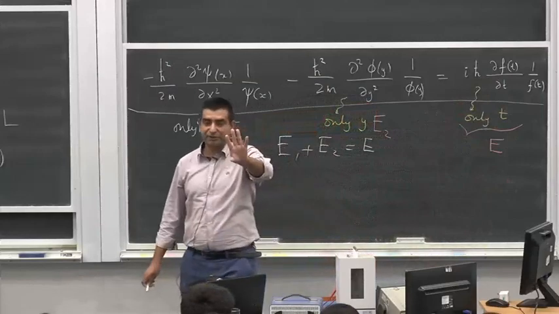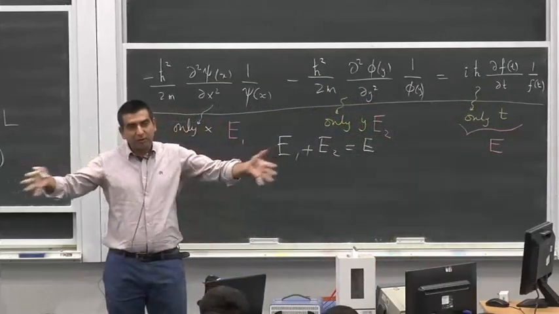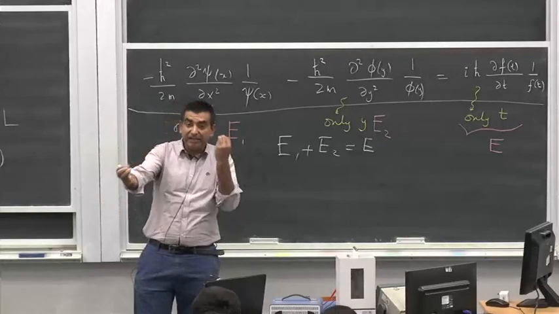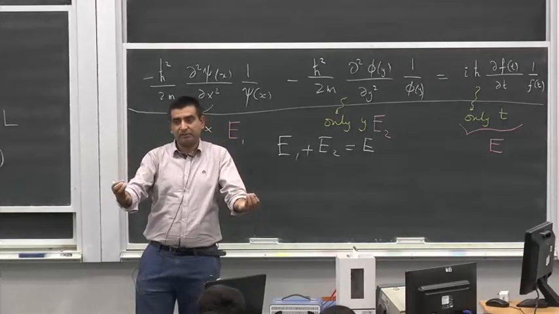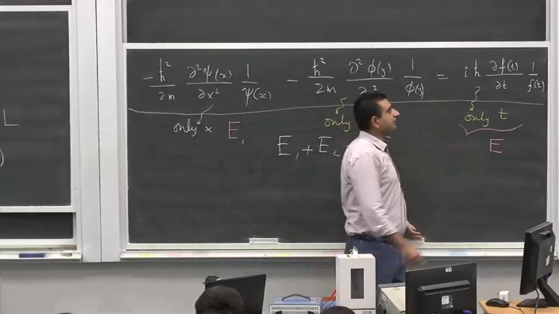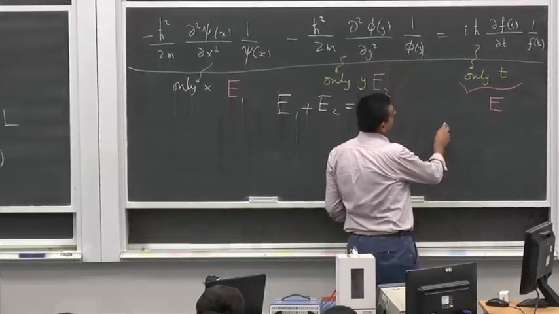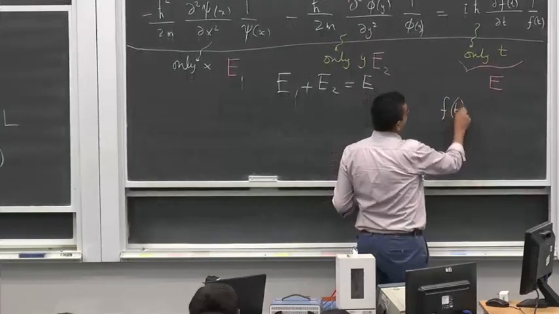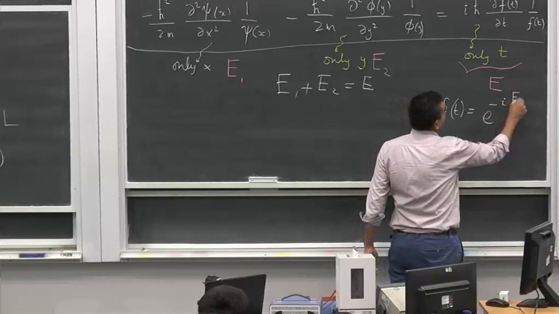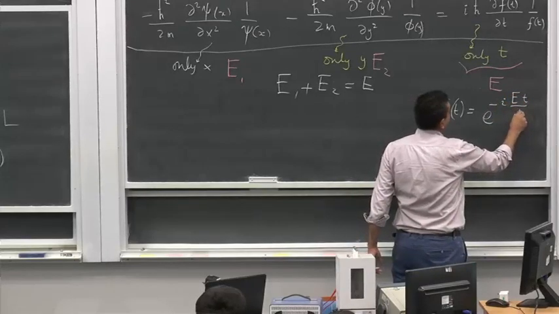I have three equations. Starting from one partial differential equation, I pop out three independent equations. One of these equations is that this equals E. And if I solve this equation once again, I would get F(t) equals e raised to power minus iEt over h bar.